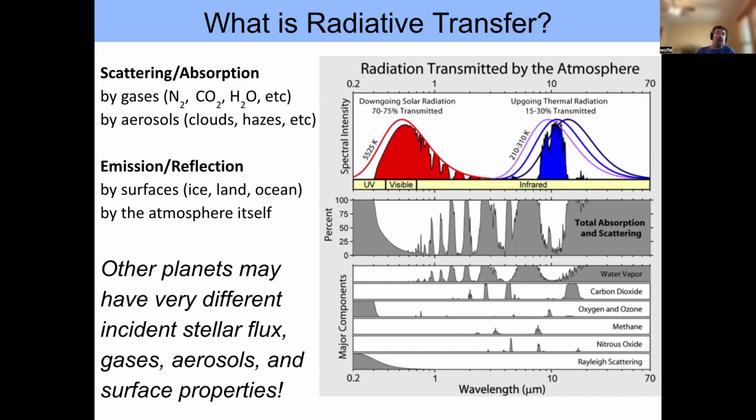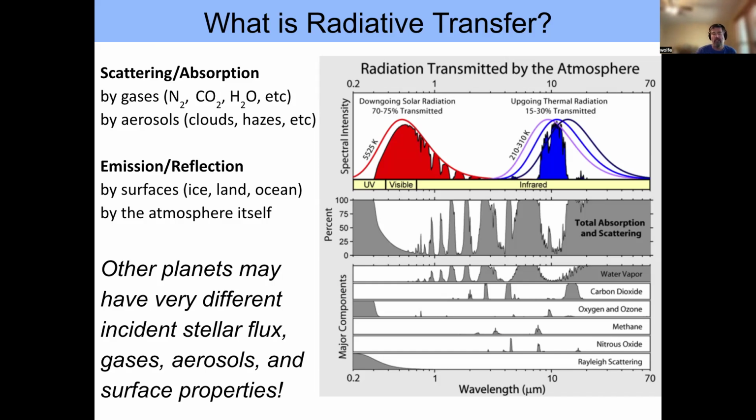And then below, you can see the total scattering, absorption, and the different components from Earth's atmosphere, where the major components are water vapor, carbon dioxide, oxygen, ozone, methane, nitrous oxide, and also Rayleigh scattering. But different planets can have very different mixes of gases.